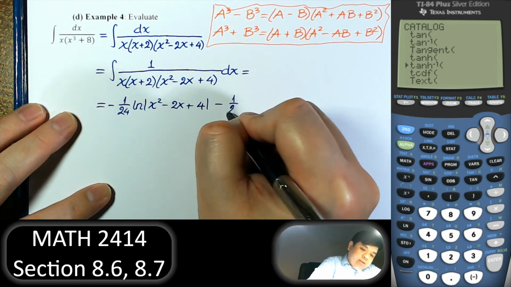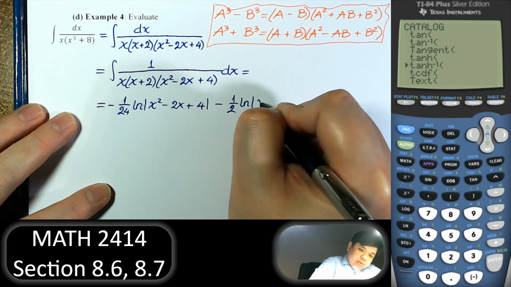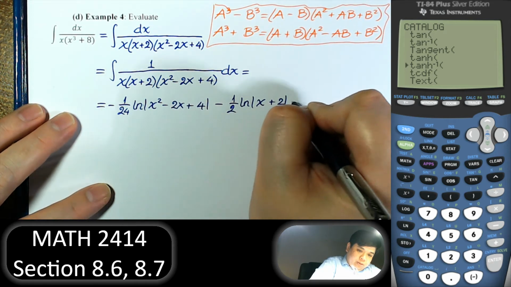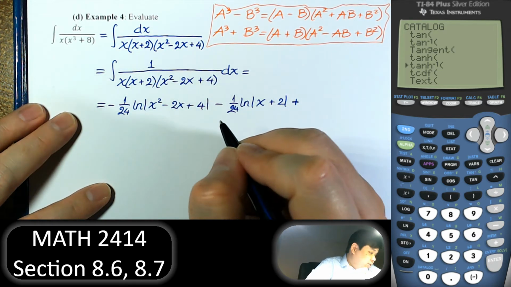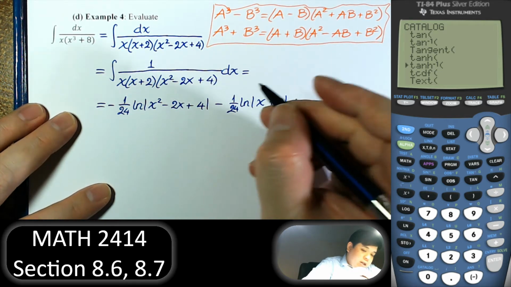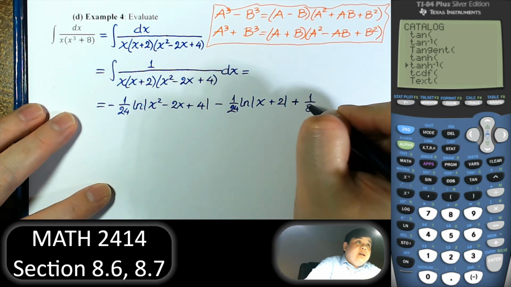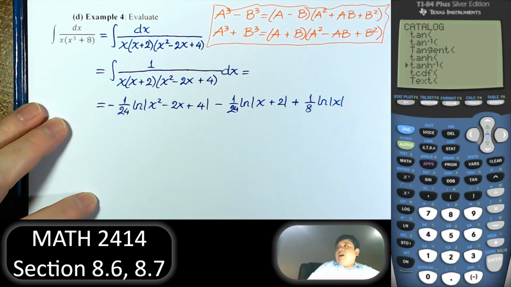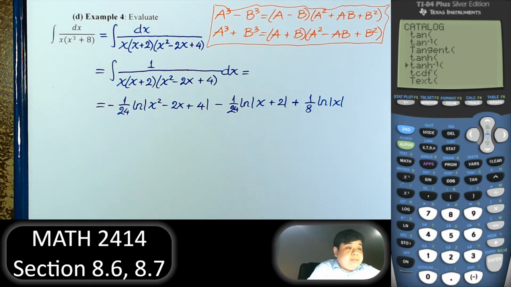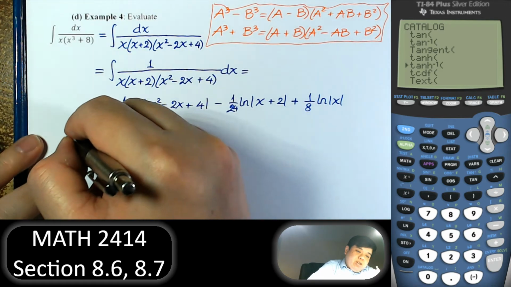Minus 1/2 ln of x plus 2 and plus 1/8, 1 over 24, and then 1/8 ln of the absolute value of x. Right, so that's what I have from the calculator. Now I leave the whole page for that because I want to focus on something else.